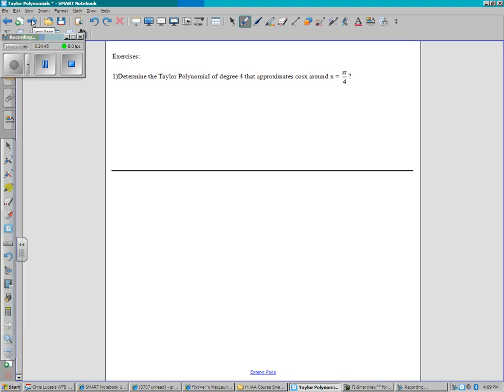Determine the Taylor polynomial of degree 4 that approximates the cosine of x around x equals pi over 4. You're going to have to know some of your trig values.